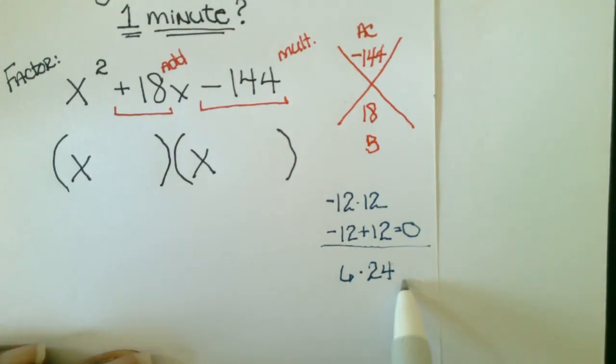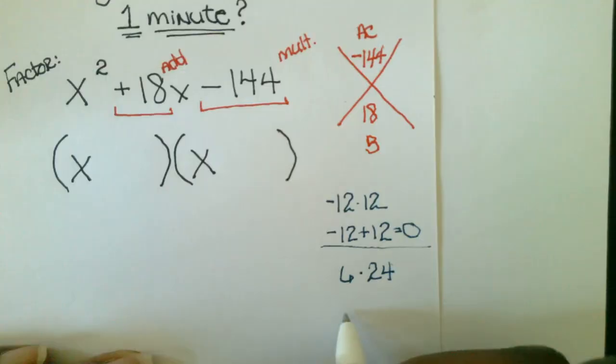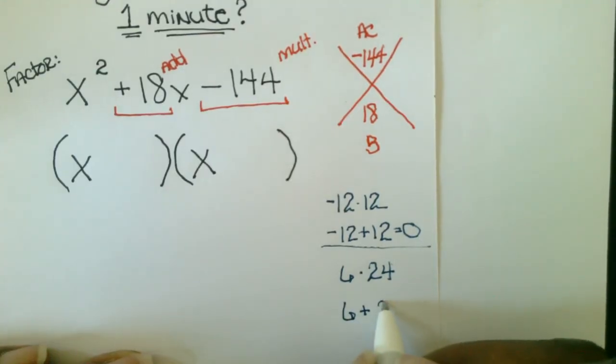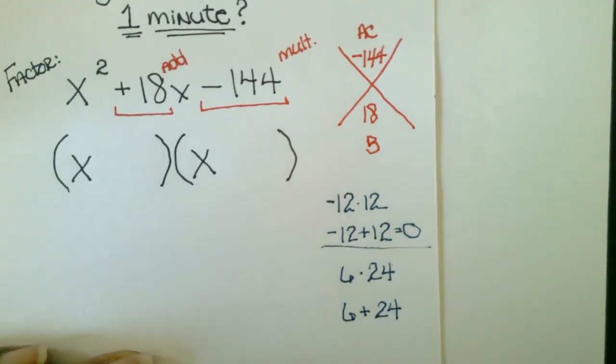If you have 6 and 24, that gives me my 144, and one of them has to be negative. Which one is going to be negative?